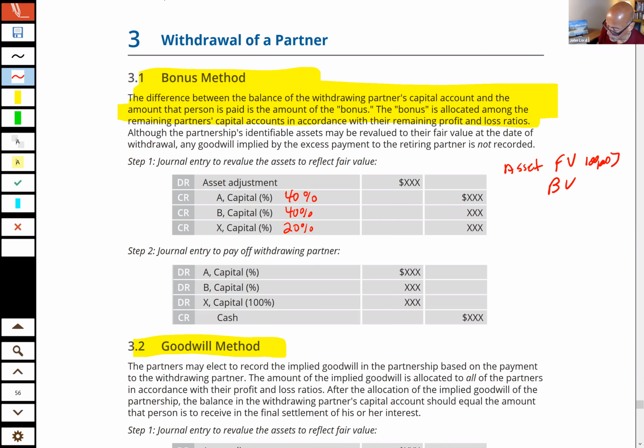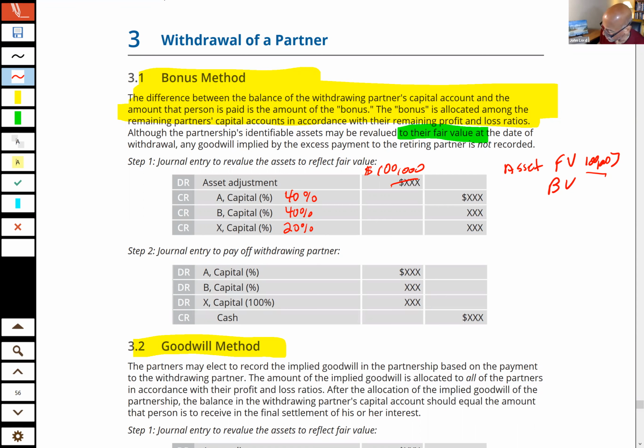We'd have to revalue the assets at their fair value at this point, because essentially, if a partner leaves a partnership, you essentially have a new partnership at the end of that. So you're going to have to do an asset adjustment, and I'm going to assume that the 100,000 is the amount they need to write up. When I say assume, I made that up for this example, just like I made up the 40 and the 40 and the 20.